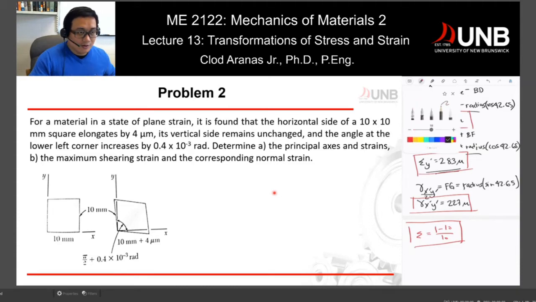Let's say we have a material in a state of plane strain. It is found that the horizontal side of a 10 by 10 millimeter square elongates by 4 microns.